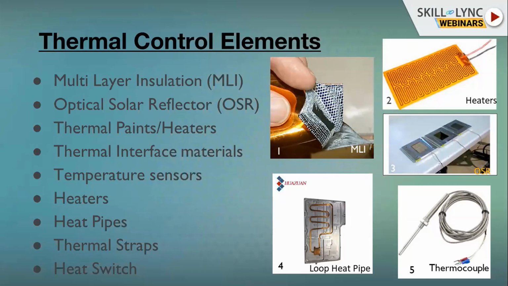There is a liquid which carries the heat and turns into a vapor, and it goes from the high temperature source to the sink, which is the radiator, and then condenses over there, and then the liquid returns to the high temperature source. So this is the loop heat pipe.